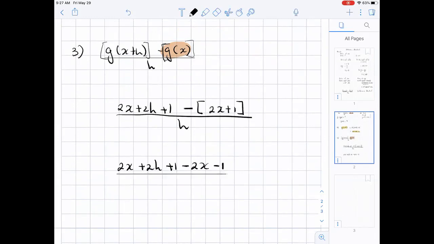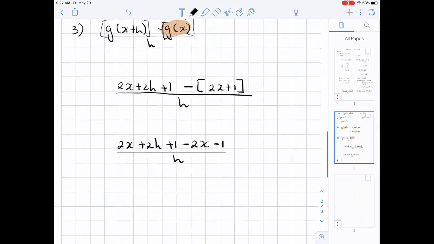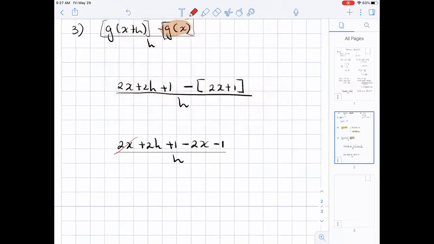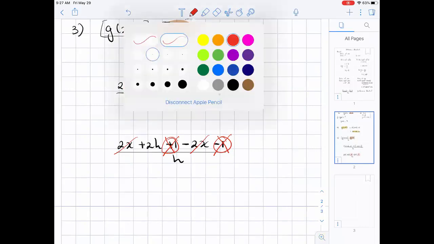Everything over h. And guys, when you use the difference quotient, things will always cancel, always. Notice that this is going to cancel with this, and this is going to cancel with that. You with me? Yes. What are you left with?